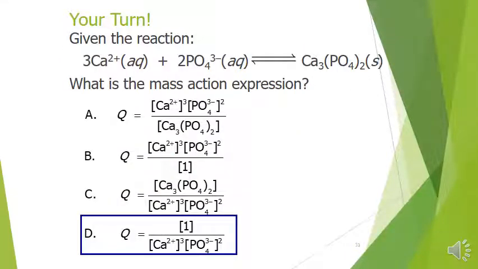All right, so let's take a look at this: calcium plus phosphate gives me calcium phosphate. We can ignore it, not totally, but we can just call it 1. So it's going to be simply product, which is 1 over our reactant, so it's D.